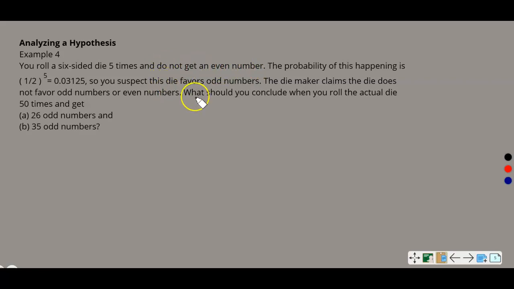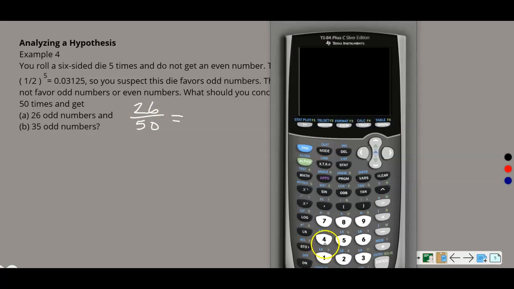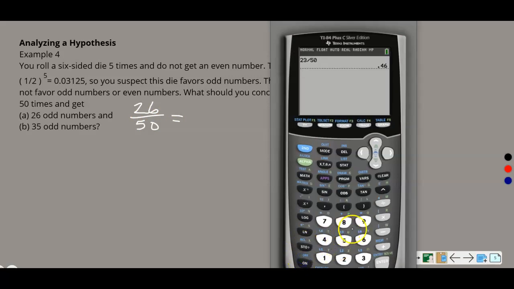All right, so what should you conclude if you roll the die 50 times? Well, the law of large numbers says the bigger the number of rolls, the closer it should get to that true 50%. So if you roll it 50 times and you get 26 out of 50, 25 out of 50 is 50%, so 26 out of 50 has to be slightly over 50%.